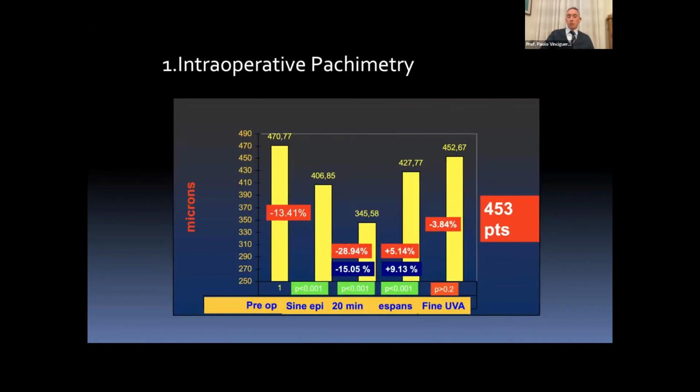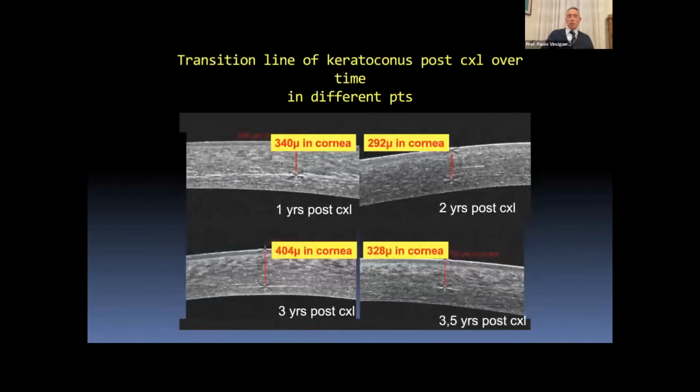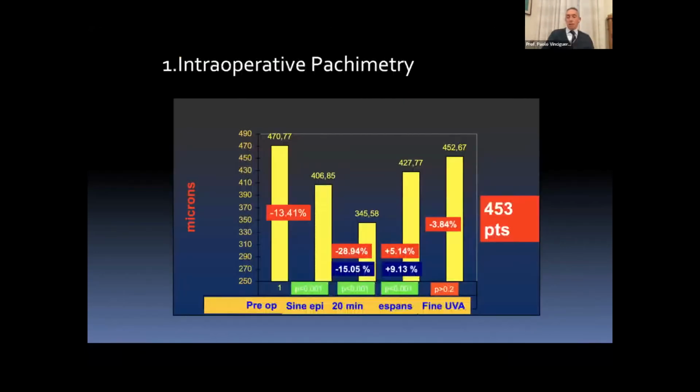Because what we found out is that the patients who start with the thinnest pachymetry have a huge thinning of the cornea during the soaking time. So the irradiation becomes deeper in the long term, because they start with a very thin cornea, becoming even thinner during the soaking time because of the dextran.